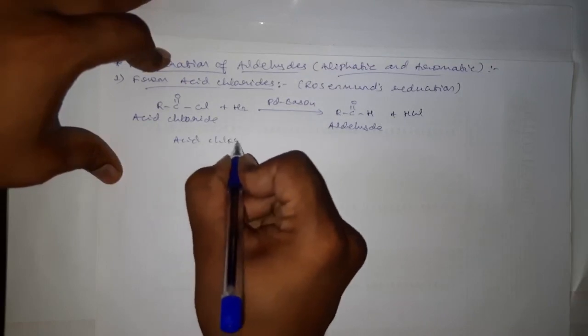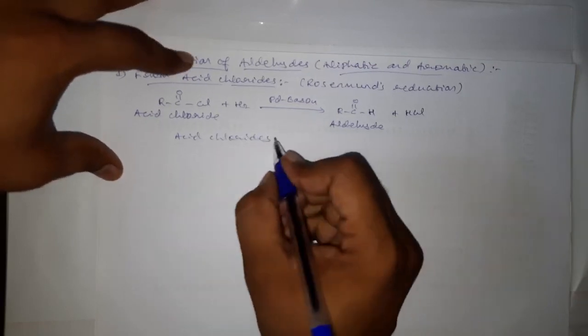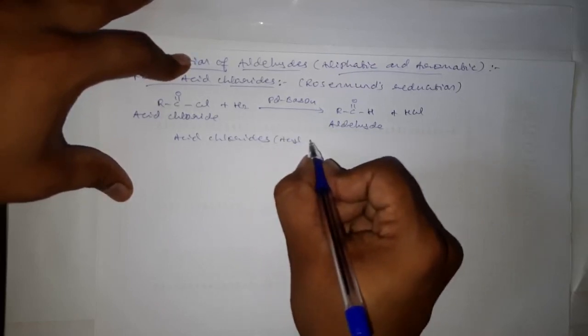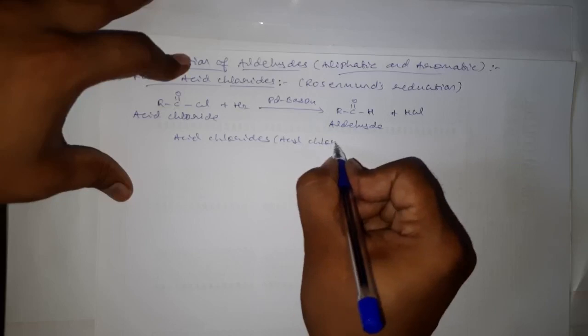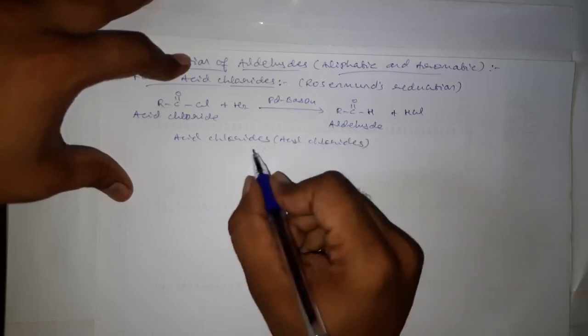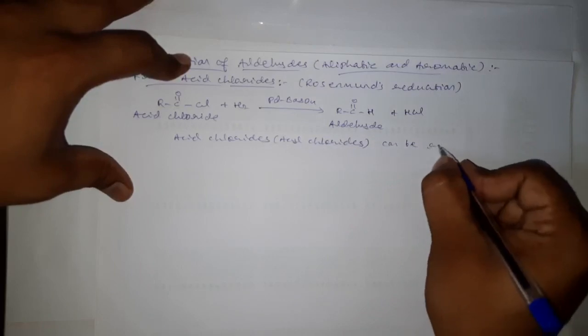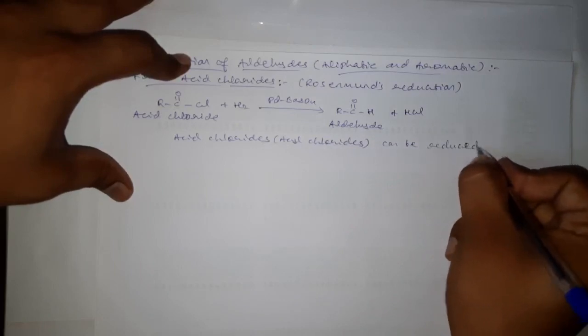These acid chlorides are also called acyl chlorides. These acid chlorides can be reduced to aldehydes by the catalytic hydrogenation.